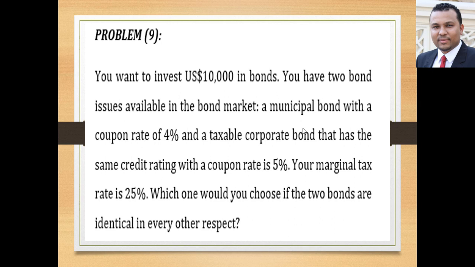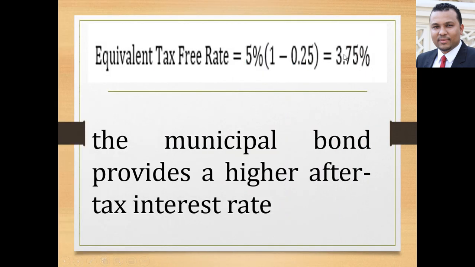But we need to evaluate the net return, or equivalent tax-free rate, in the case of the corporate bond by the last formula. The equivalent tax-free rate equals 5%, which refers to the coupon rate of the corporate bond, times (1 minus 25%).